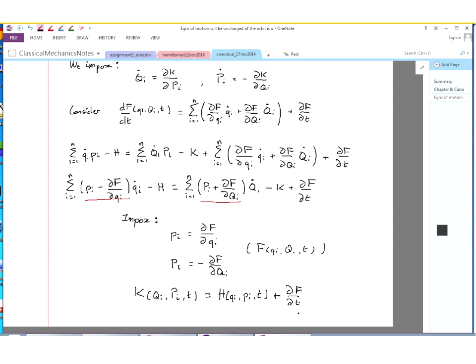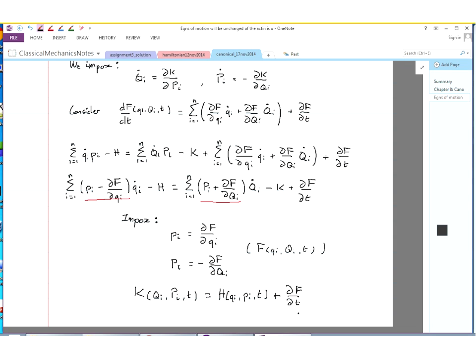So you can now think of this the other way around. Think of some function capital F of the little q's and the big Q's. We call that the generator of the transformation. The transformation is given by taking little pi equals ∂f/∂little qi, and capital Pi is minus ∂f/∂big Qi. So given some function f, you can generate these transformations, and then you can invert them.